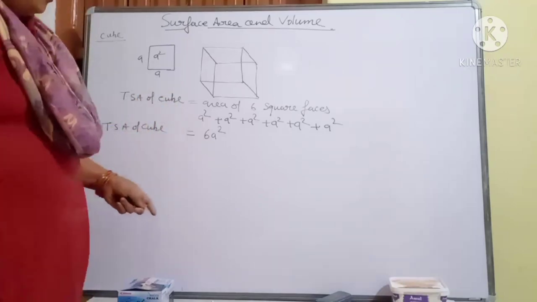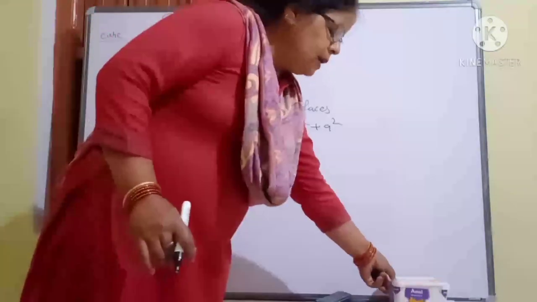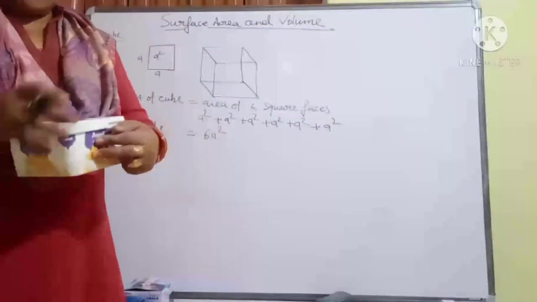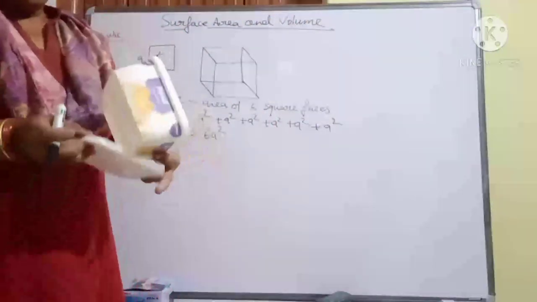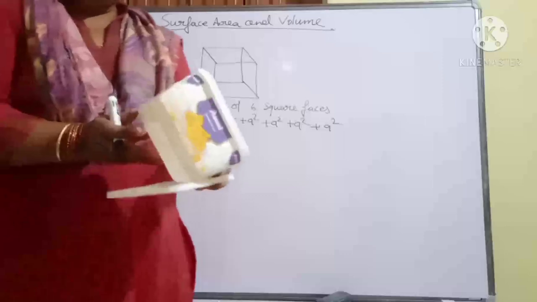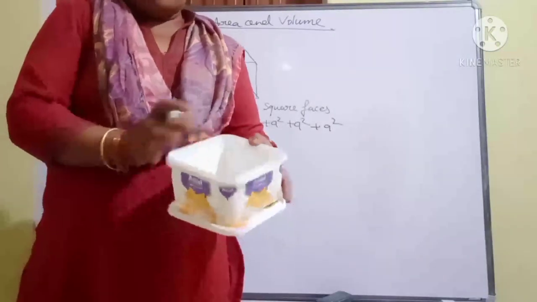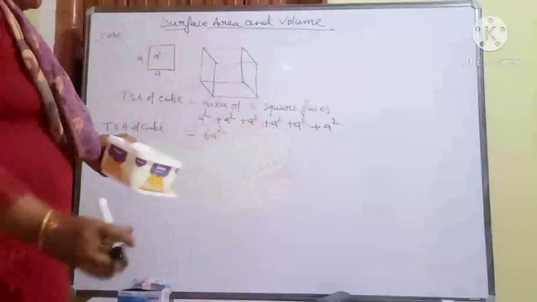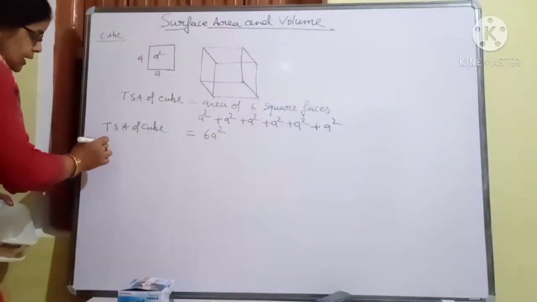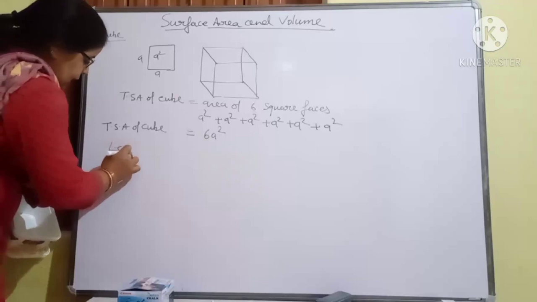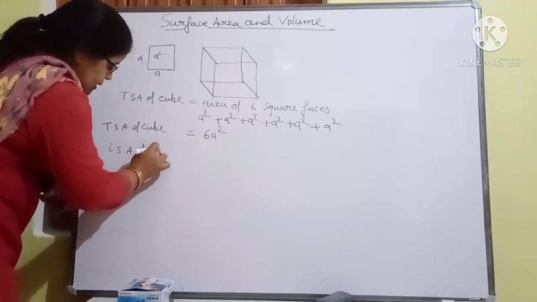Suppose the top and bottom are not there. If I remove this top, and suppose I have also removed this bottom, so the top and bottom are not there, what will it be? At that time you will find the lateral surface area, LSA of cylinder.